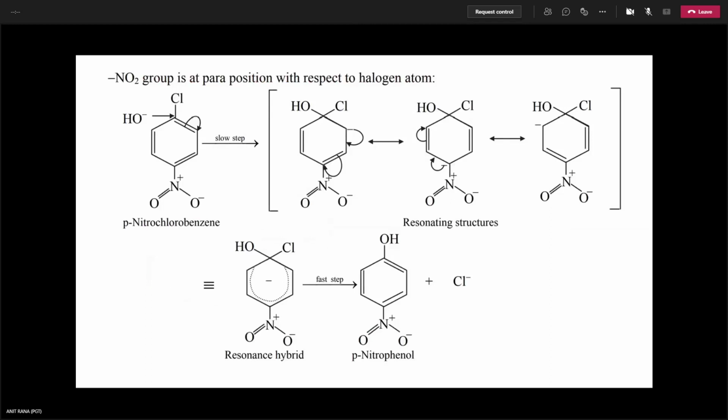So you should know the mechanism, compulsory. Each one of you practice the mechanism. You'll be showing the delocalization of the electrons over the ring. Is the point clear to everyone?